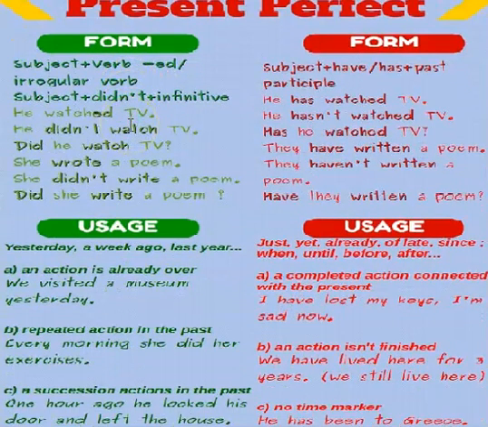Now, if you pay attention in form, the simple past, we usually have the subject plus verb. Okay, the verb is verb 2, either ed or irregular. Okay, while in the present perfect, we have subject plus auxiliary verb have or has plus past participle, verb 3.